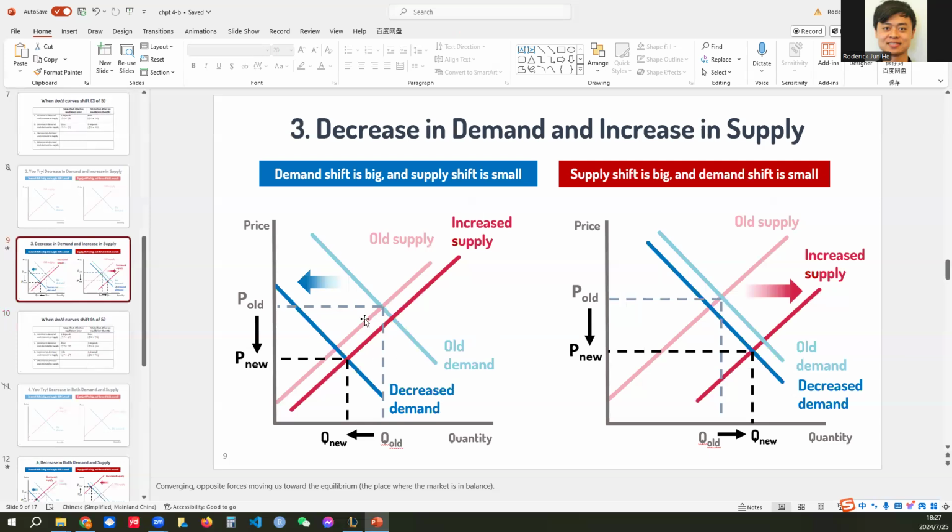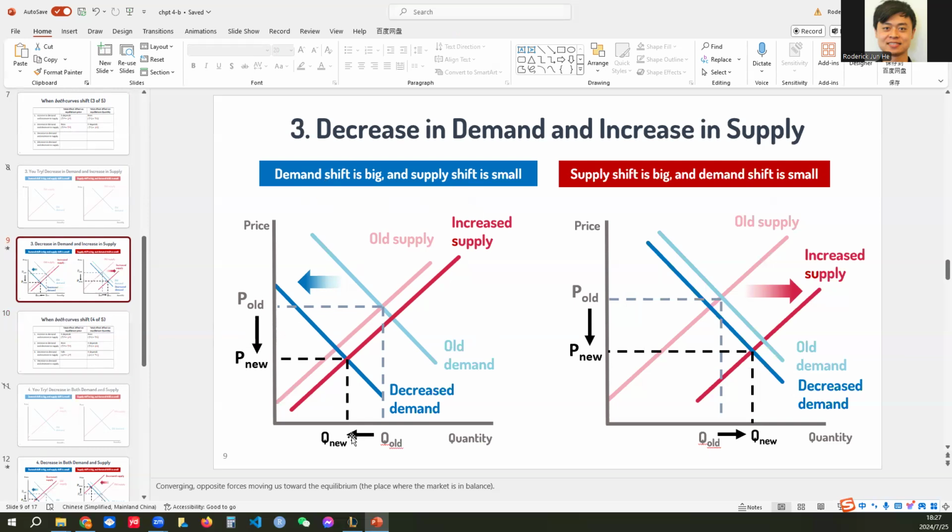So for instance here, if the demand shift is a lot, that means the quantity drop coming from this demand decrease will be a lot. And the supply shift outwards is small, which increases the quantity, but not big enough to offset the quantity decrease caused by the demand decrease.